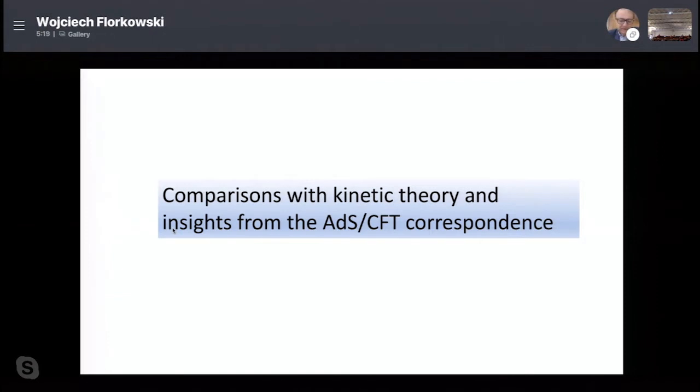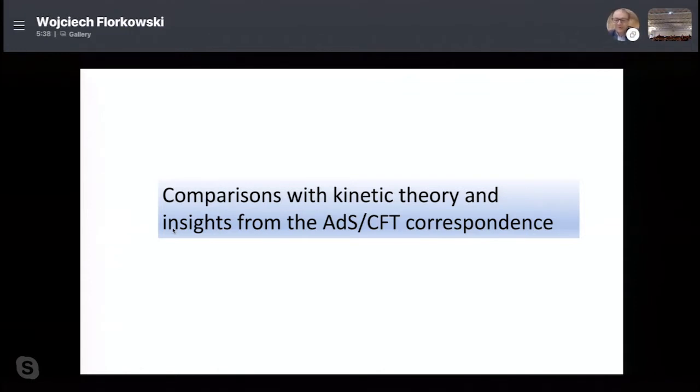And such things have been done, but they are to a large extent restricted to one-dimensional expansion, and actually one-dimensional expansion which is boost invariant.